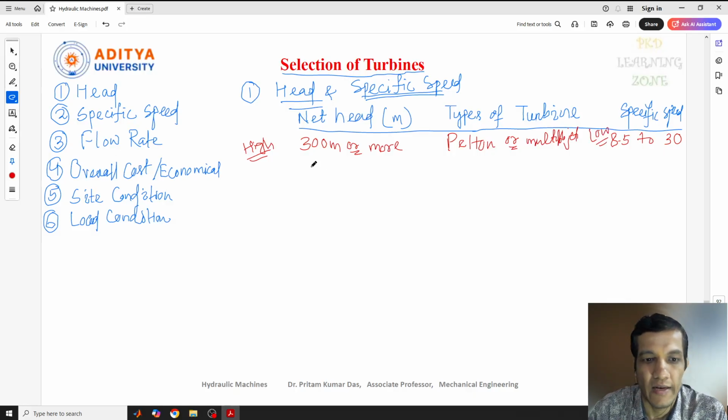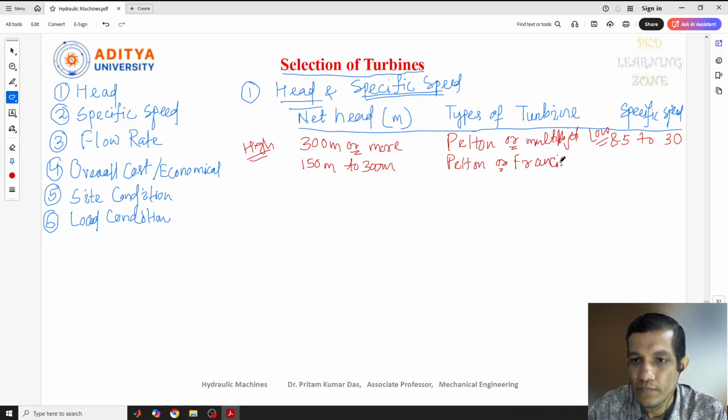Similarly, in the high head there is one more range, 150 meters to 300 meters. Here we can select two types of turbines: the Pelton turbine or the Francis turbine.